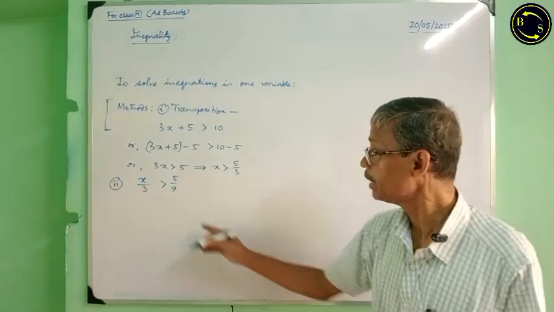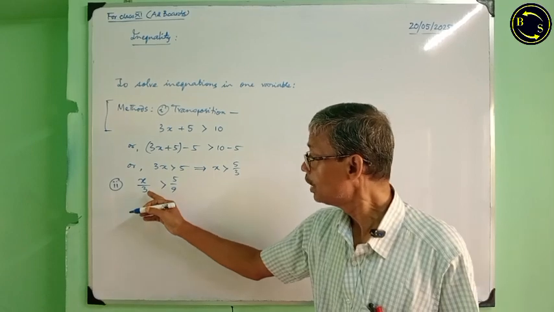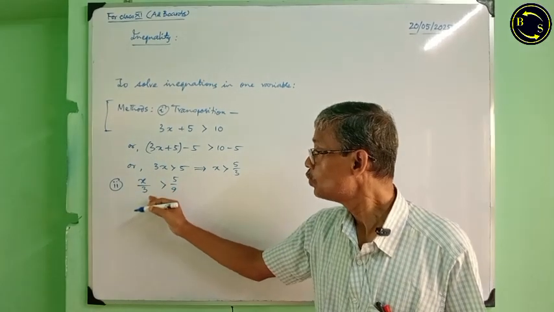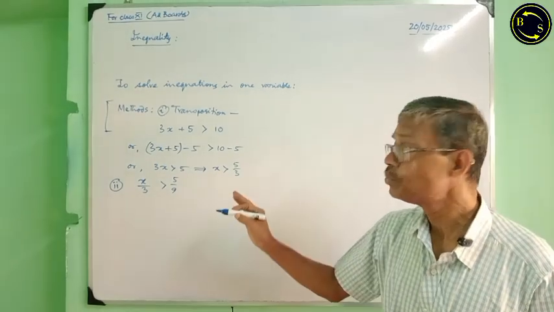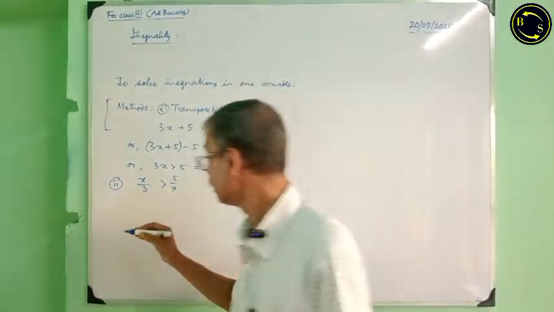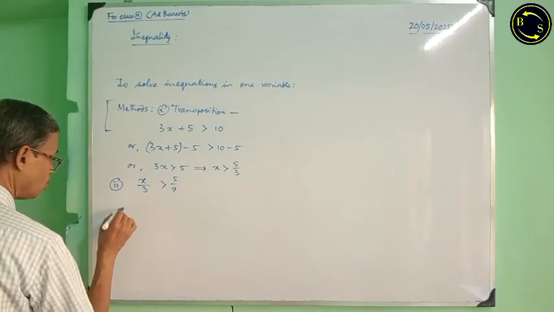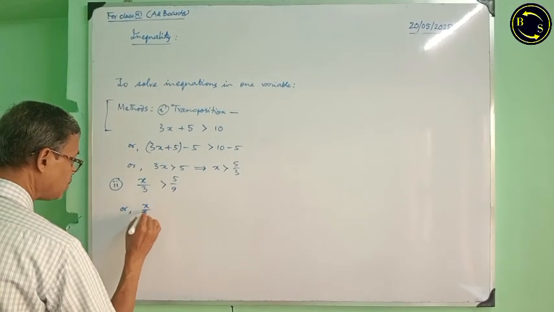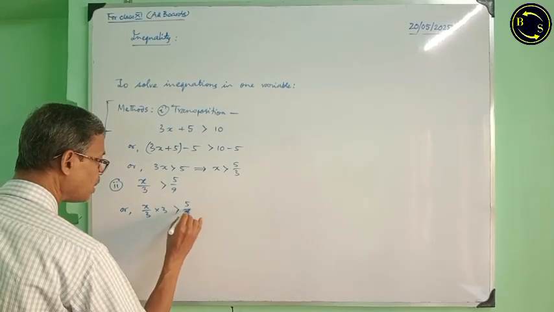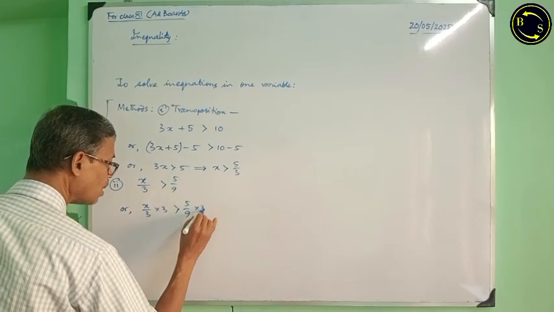I now clarify here. Now 3 is at the denominator. To remove that, what to do? We have to multiply both sides by 3, or x by 3 into 3 greater than 5 by 9 into 3.